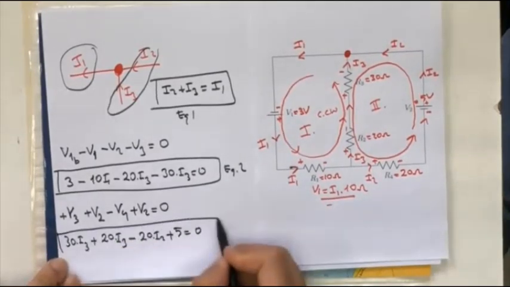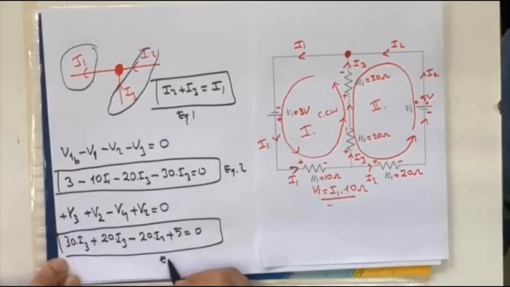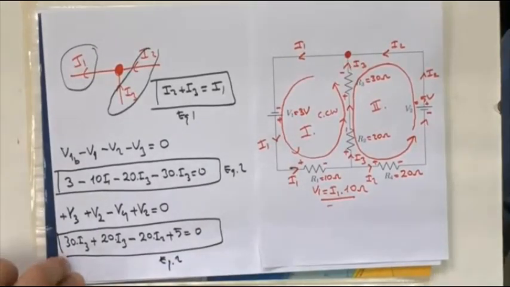So this is the third equation we obtained by the loop law.